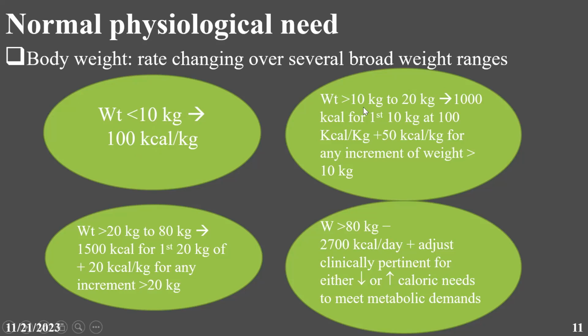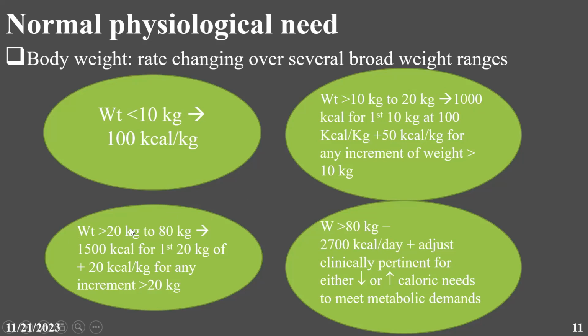For weight more than 10 but less than 20, it's 1,000, because 100 for each kg will be 1,000. Anything extra, so if it's 12, 2 kilo extra. If 16, 6 kilo extra. We multiply 6 by 50, because anything extra will take 50 kilocalorie. Is that clear? Please talk to me. Yes, it's clear, doctor.